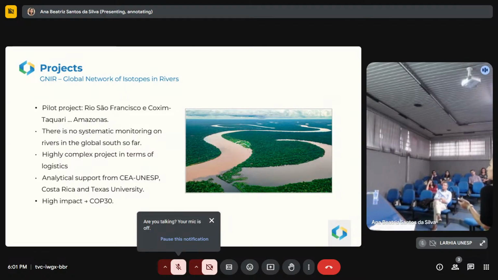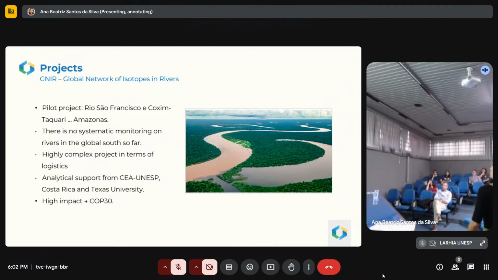We were also enrolled in the CRP from GNIR, the Global Network of Isotopes in Rivers. We are still on baby steps on this because it's quite challenging to sample in some river systems. But we already have 2 season sample campaigns on the San Francisco and Coxim Taquari rivers, and we are eager to do the Amazon.